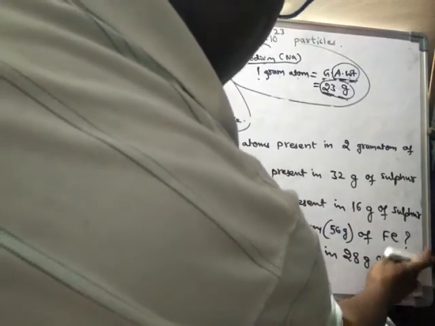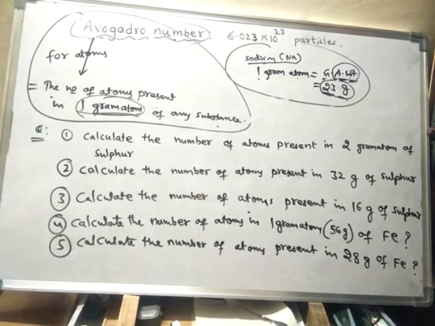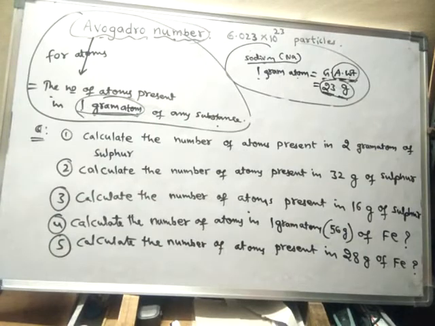Just give some work to your brain so that you can easily answer this question. Like this, for Avogadro number we can solve so many problems.